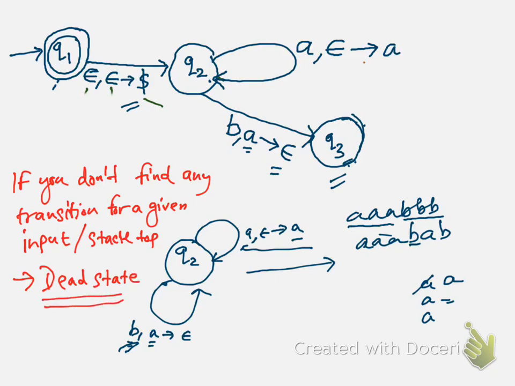Similar to the NFA, no transition means dead state. Okay. So here we came when we read the first B. What happens when we read the remaining B's here on Q3? Right. So something like this.